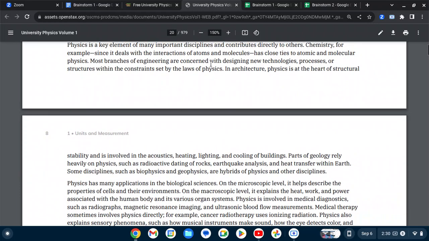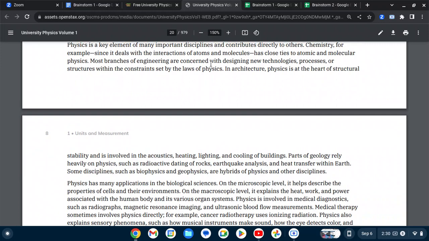Physics is a key element of many important disciplines and contributes directly to others. Chemistry, for example, since it deals with the interactions of atoms and molecules, has close ties to atomic and molecular physics. Most branches of engineering are concerned with designing new technologies, processes, or structures within the constraints set by the laws of physics.